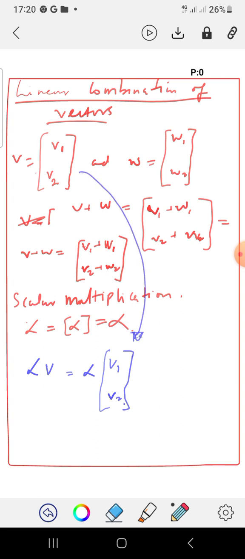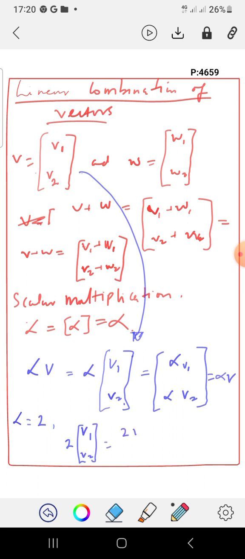So it's going to give you alpha v1, alpha v2, which is going to be another matrix, a different form of a matrix. So this is going to be alpha v. Let's suppose that alpha equals 2, therefore 2 times v1, v2 will give you 2v1 and 2v2.